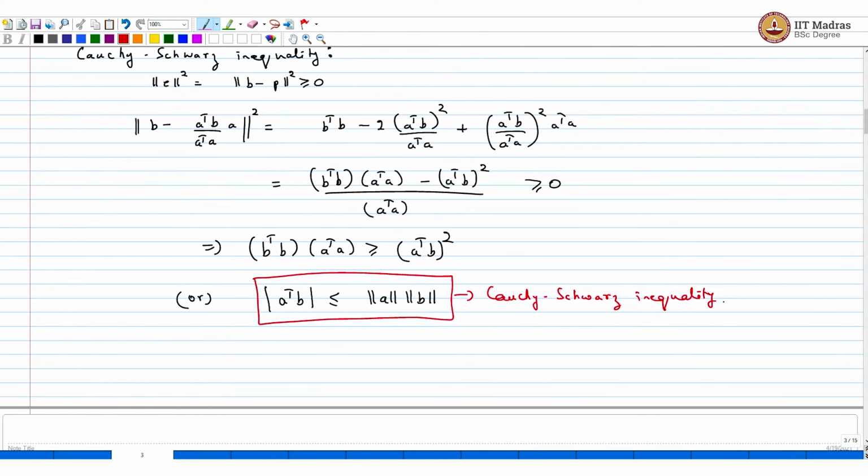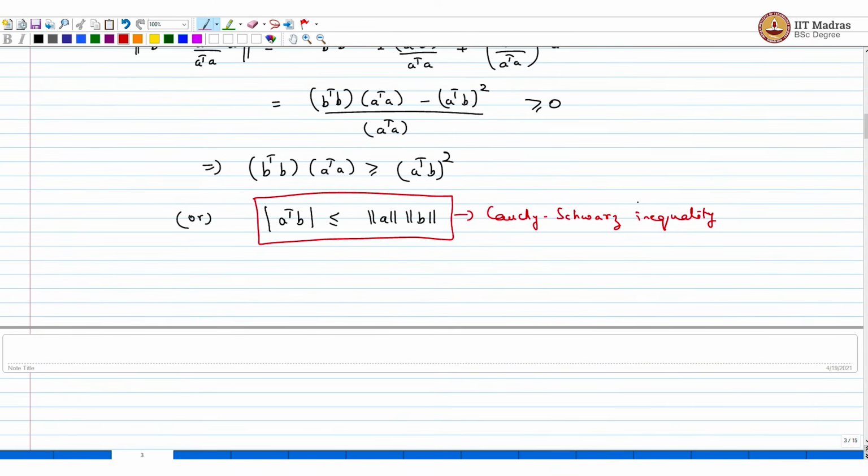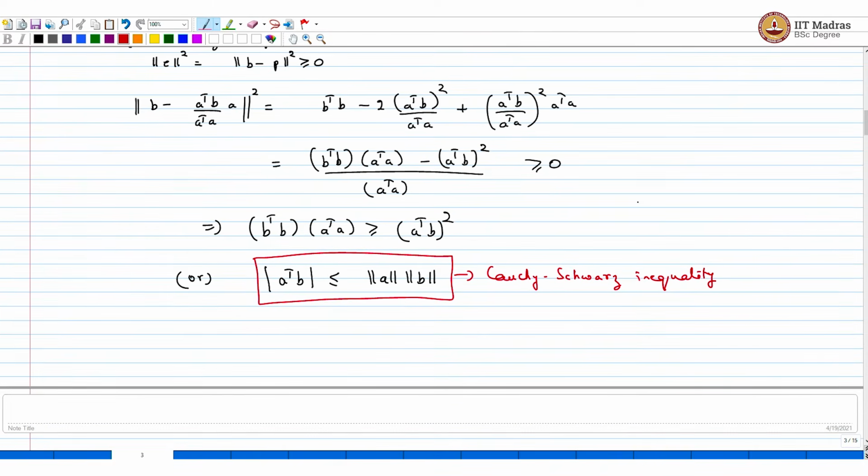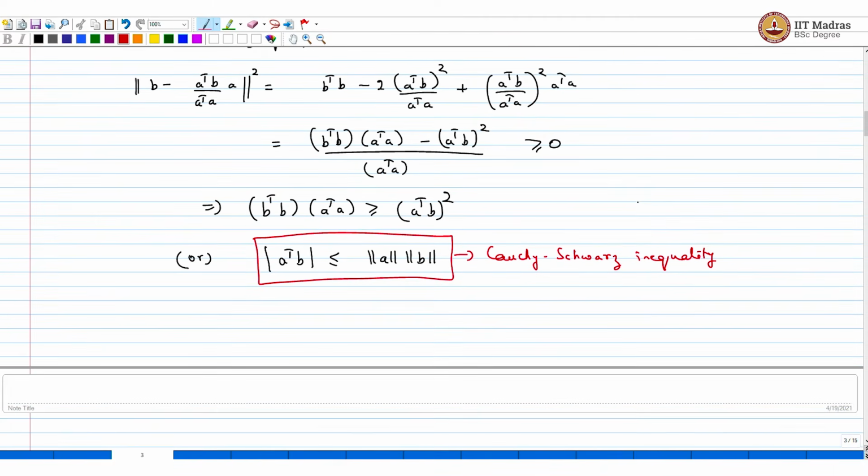This is the Cauchy-Schwarz inequality, and a reasonably short proof at that.